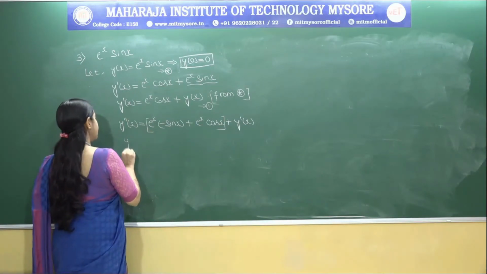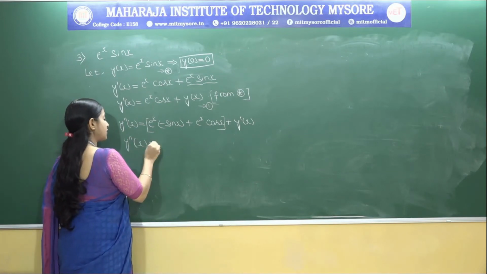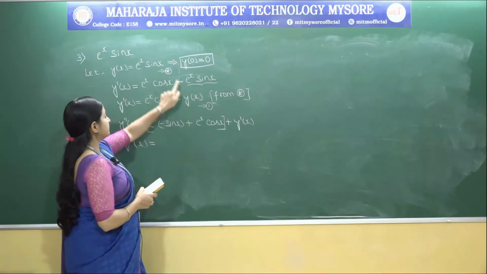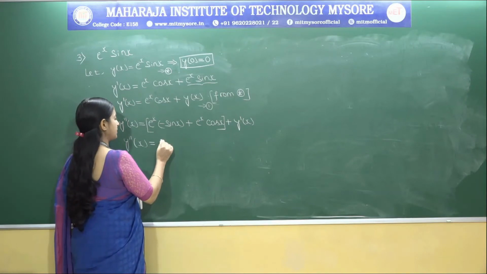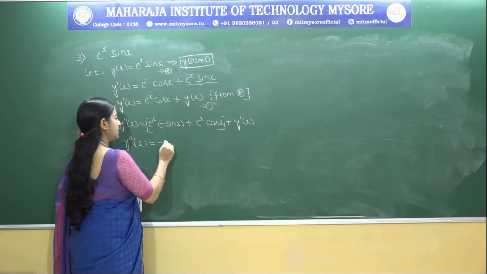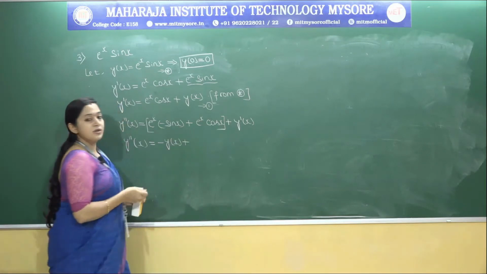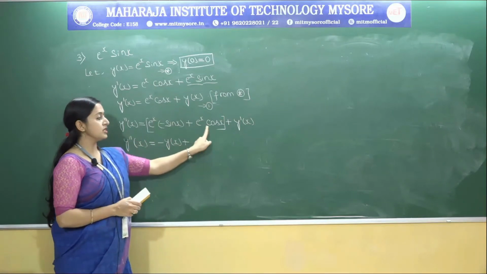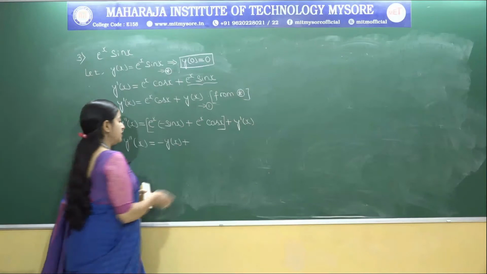Next, again using the equation star and equation 1, you can simplify this term. So using the equation star, you can write e power x into sin x as y of x. Since you have the negative sign, you will get minus y of x, plus, from equation 1, for e power x cos x, you can write y dash minus y of x.